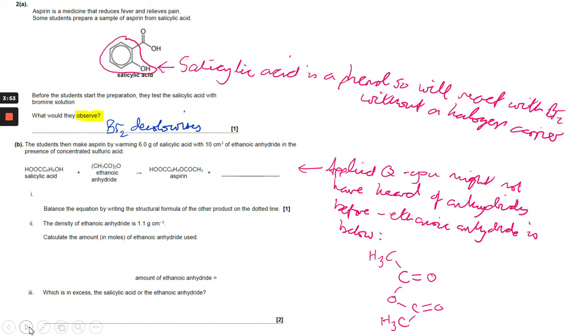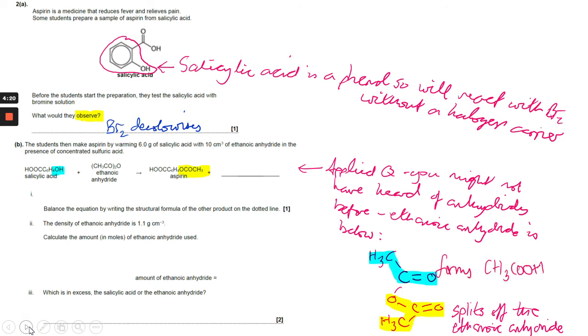Instead of an OH group, it's got OCOCH3, which equates to that part of ethanoic anhydride. So that must mean that bit splits off the ethanoic anhydride to become part of the aspirin. So what's left behind, in both cases, comes together. The OH from the salicylic acid must have been removed, and the remaining part of the ethanoic anhydride must combine with that to make CH3COOH, which is what they want you to put in that blank space there.